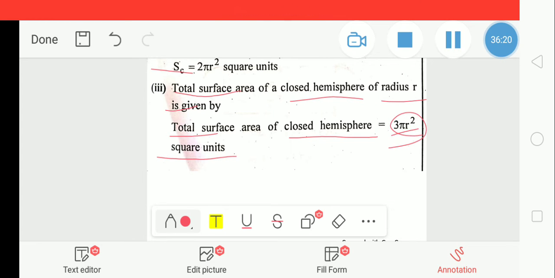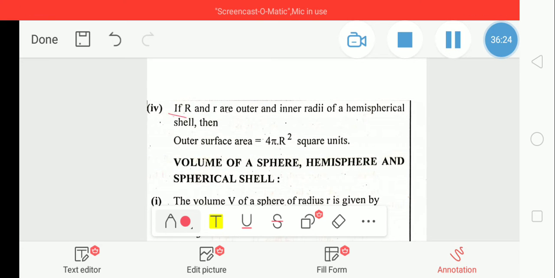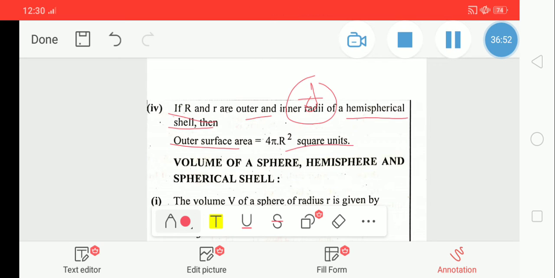This is a closed hemisphere, means inner side, and capital R and small r are the outer and inner radius of a hemispherical shell. That is, outer surface area is equal to 4 pi capital R square unit.